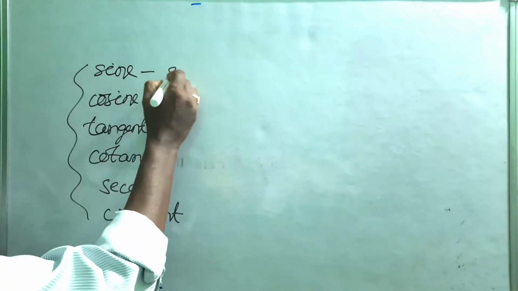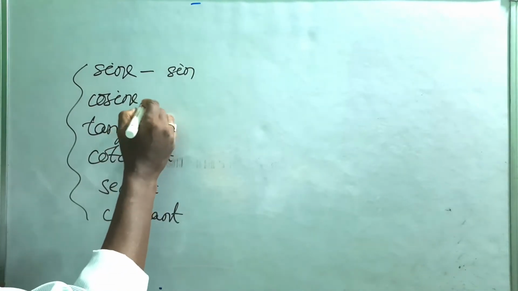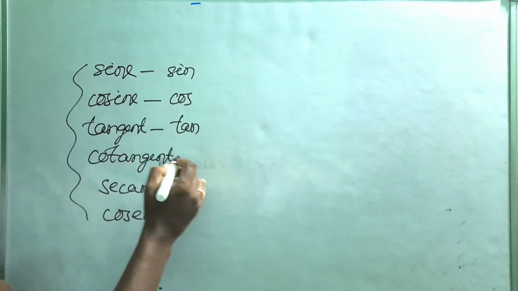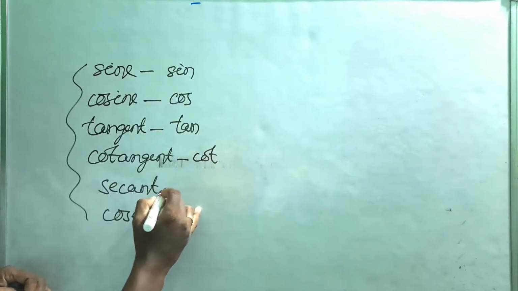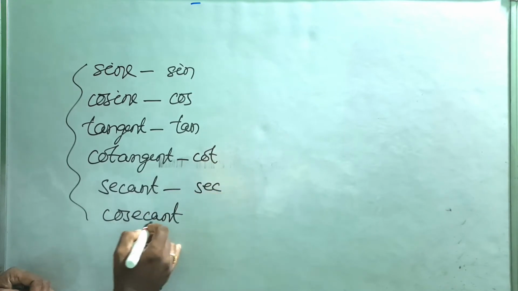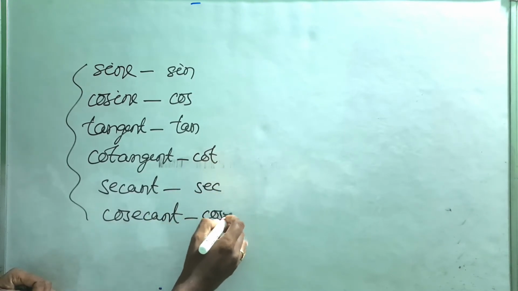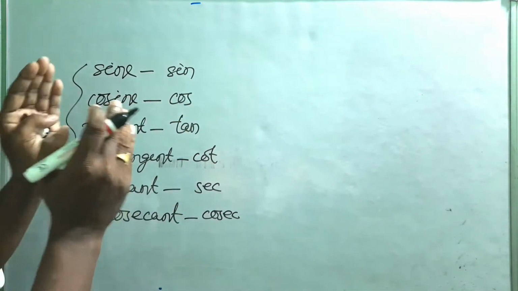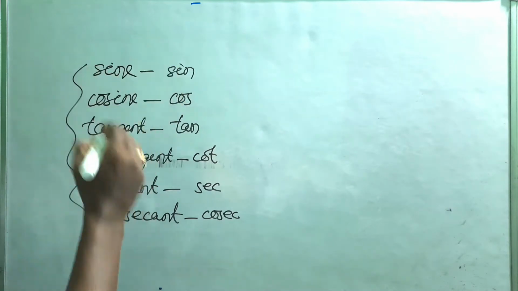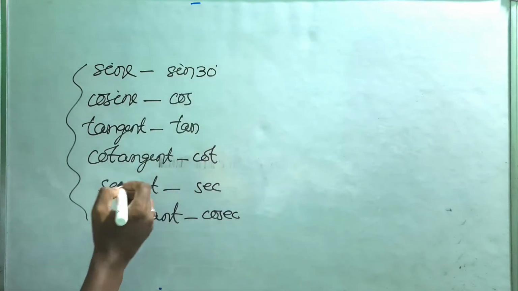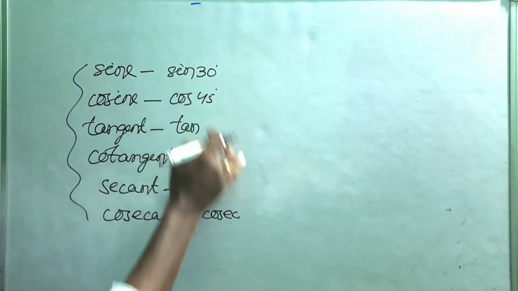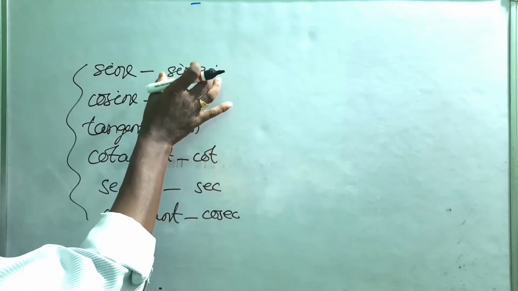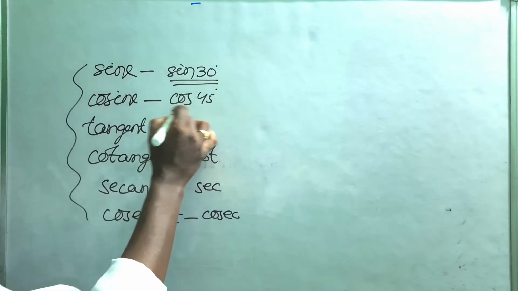Now sine is denoted as sin, cosine is denoted as cos, tangent is denoted as tan, cotangent is denoted as cot, then secant is denoted as sec, then cosecant is denoted as cosec. When these trigonometric functions are taken with an angle, that is, if we take sine 30 degree or cos 45 degree, then this becomes a trigonometric ratio.